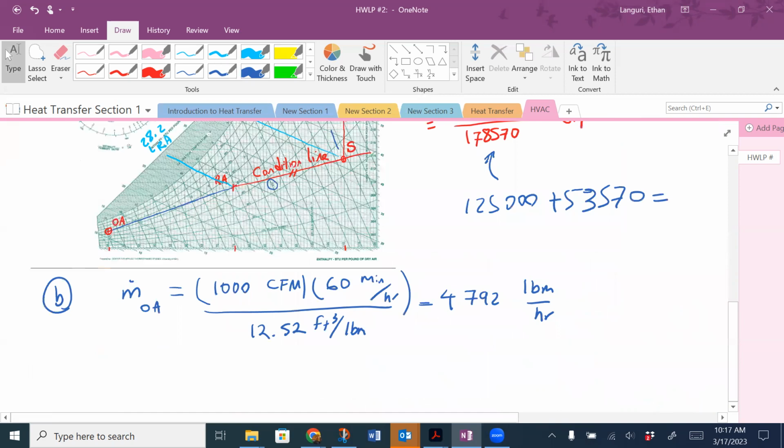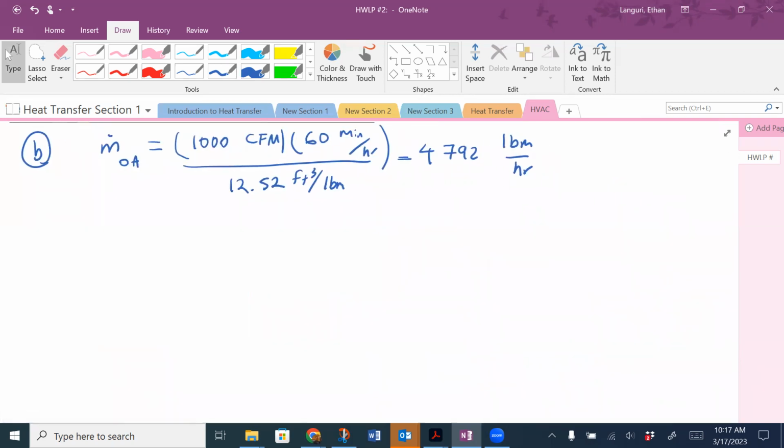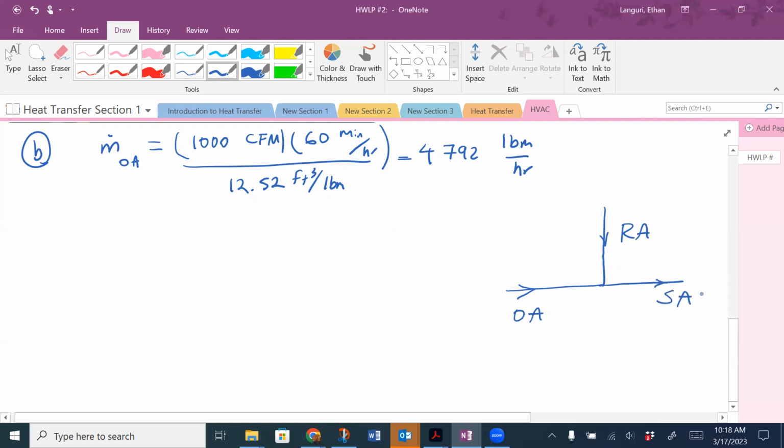Now that I have the m dot for the air, remember I have outside air mixed with return air, and I had my supply air right into the furnace. And over here I have my mixing. So in order to find where we are, I'm going to compare the mixing conditions.